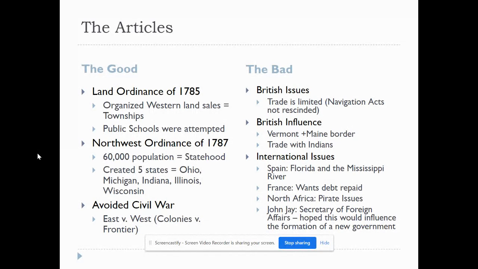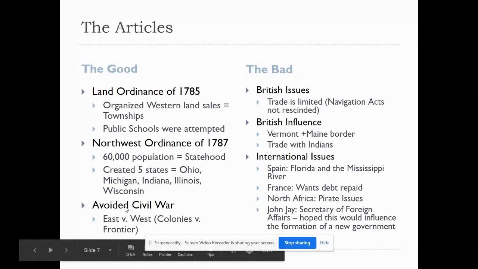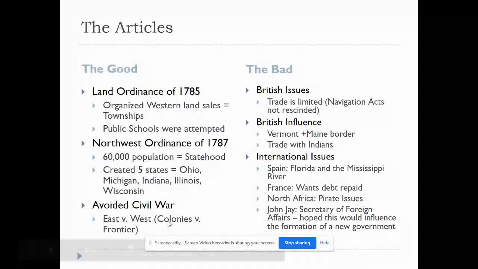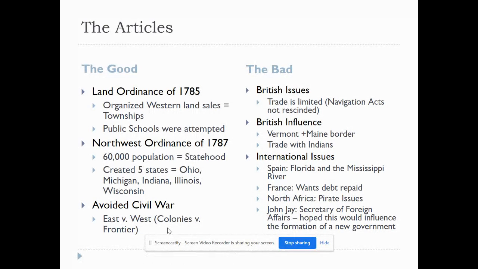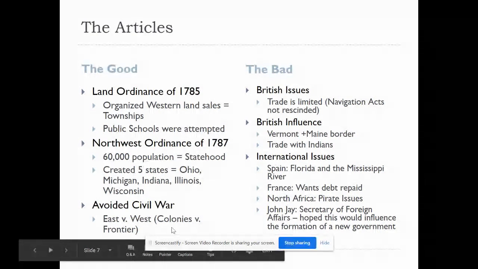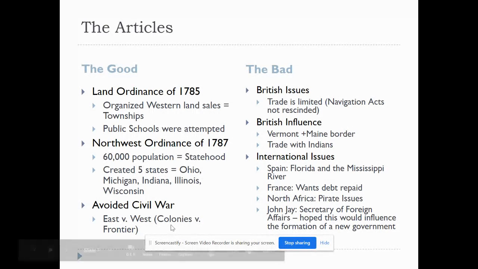It did avoid a civil war of East versus West. The 13 original colonies versus the frontier as well, which was a concern. Because remember, during the colonial times, whether it be Bacon's Rebellion, the Paxton Boys, or any of these other rebellions, the Regulator Movement, all of them were Western frontier farmers who were upset at the Eastern elites.